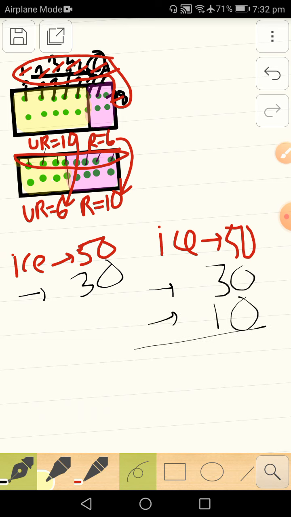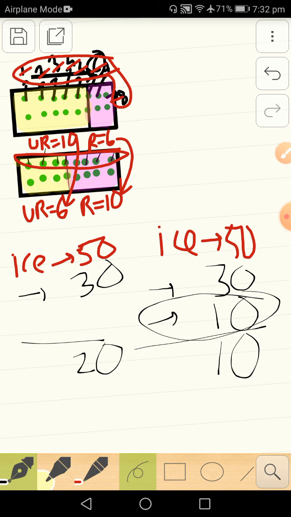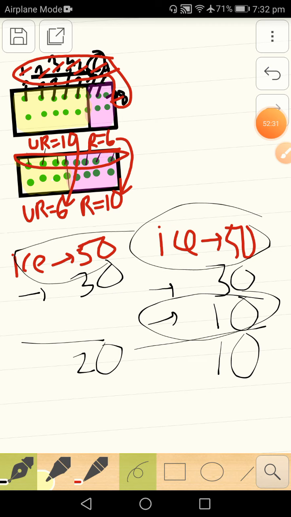So what do you now have? You have 40. So how much do you need? You need only 10. But in the earlier case, how much do you need? You need 20. So the man has acted like a catalyst, because the man has helped you in reducing the amount of energy requirement you have. But it didn't change the value of the ice cream.